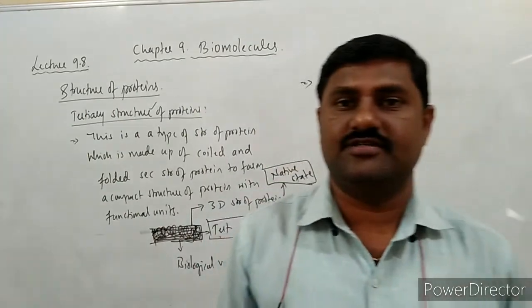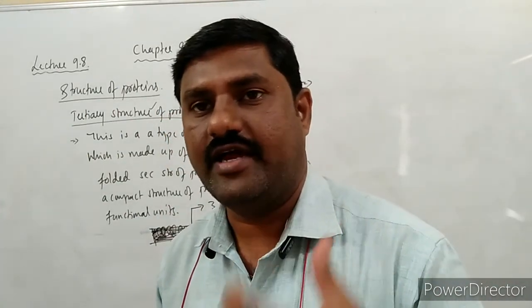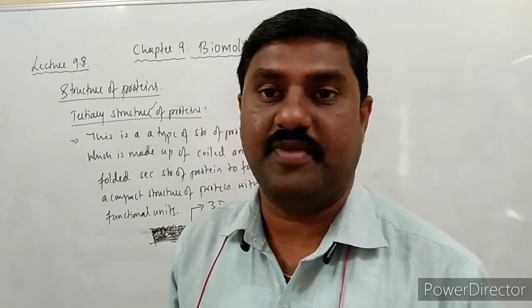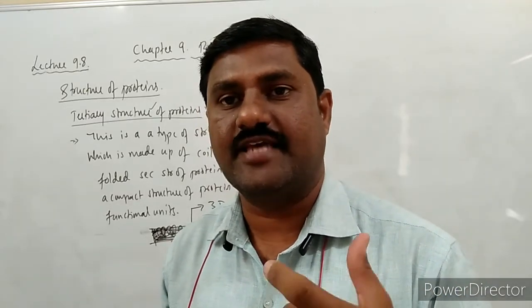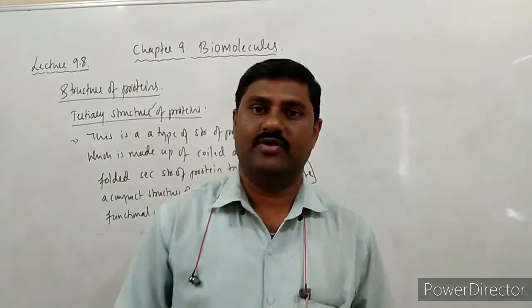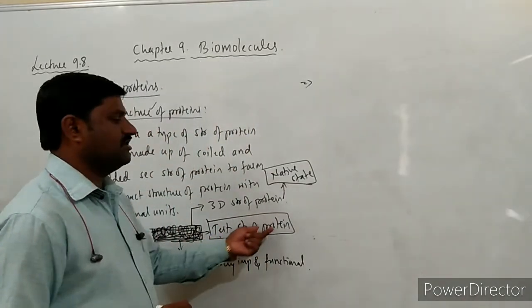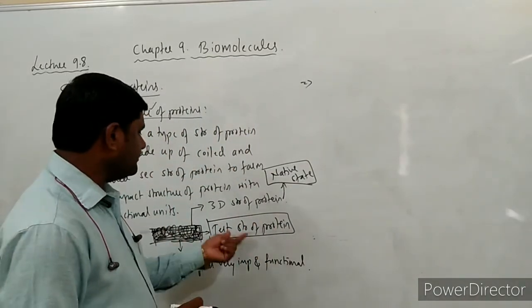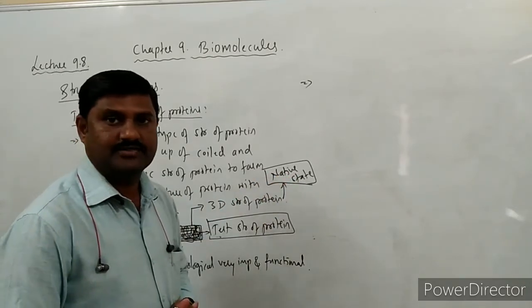And this tertiary structure was first identified and explained by Kendrew as well as Perutz, the two scientists, in the year 1963. So point to be noted. They discovered this tertiary structure of protein, and its 3D structure is called the native state.